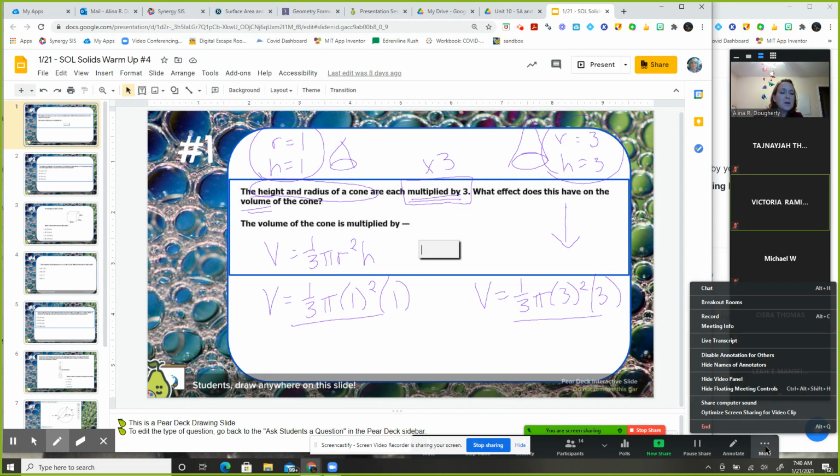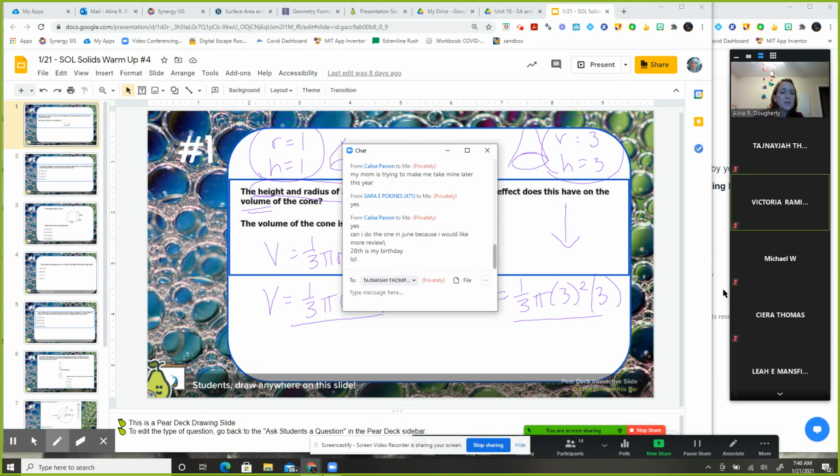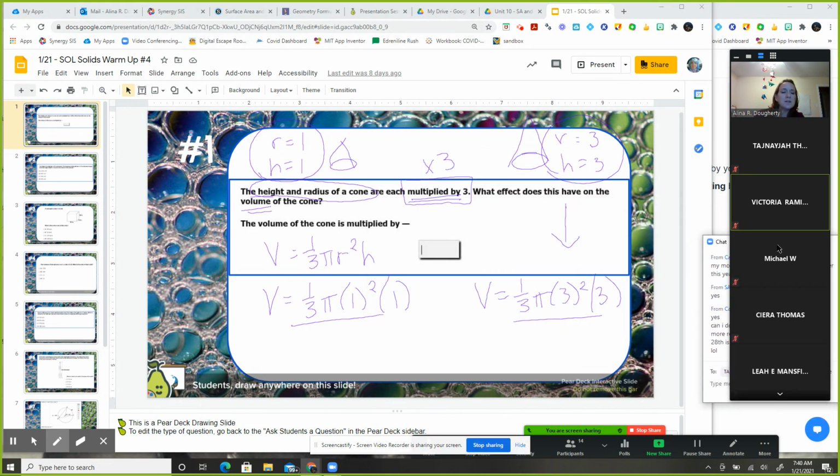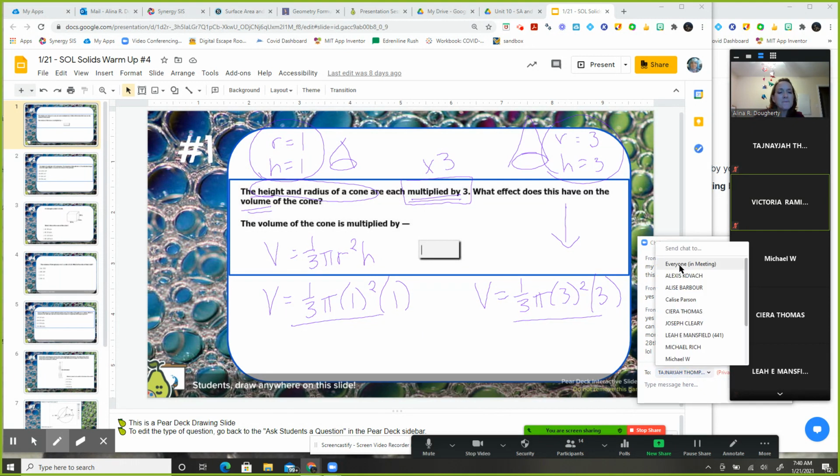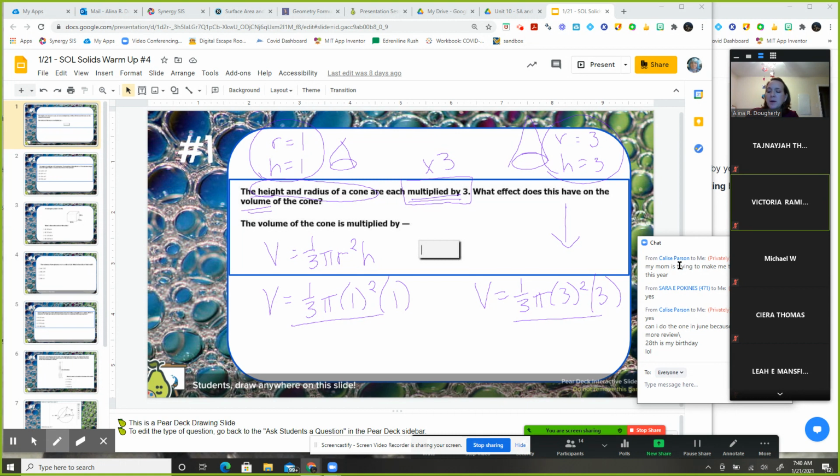Once you have an answer, put it in the chat. And let's see if I can hopefully open up my chat so I can see it. Oh, it worked. It's always a good thing. So grab a calculator. 1/3 times pi times 1 squared times 1 equals what?